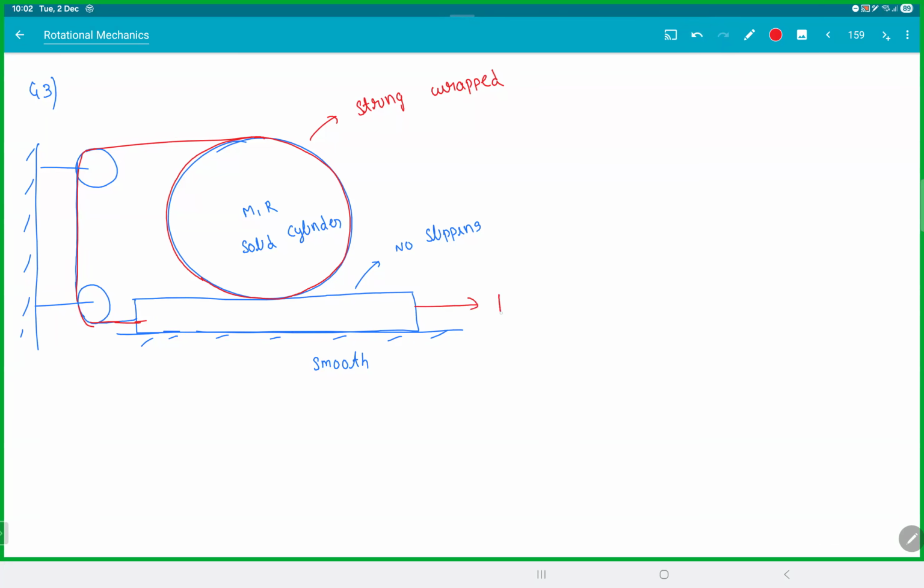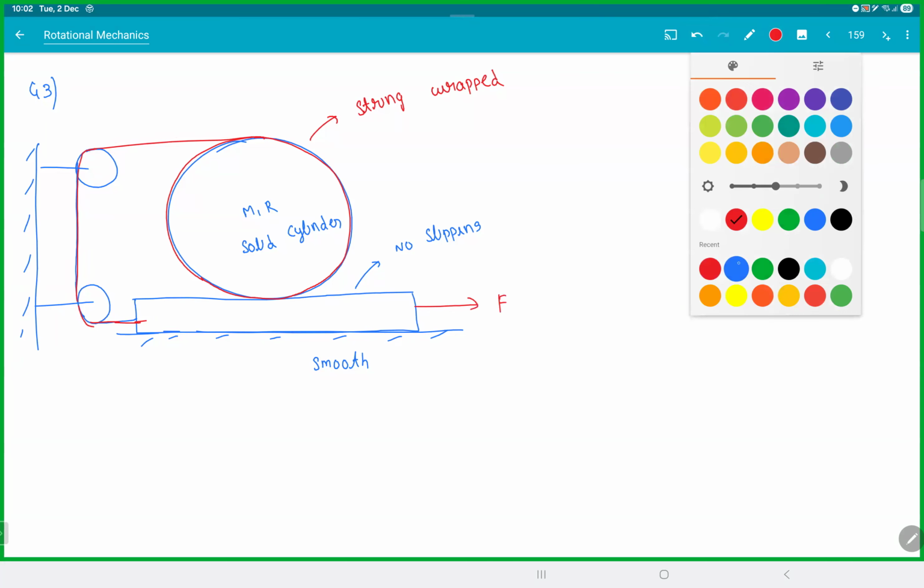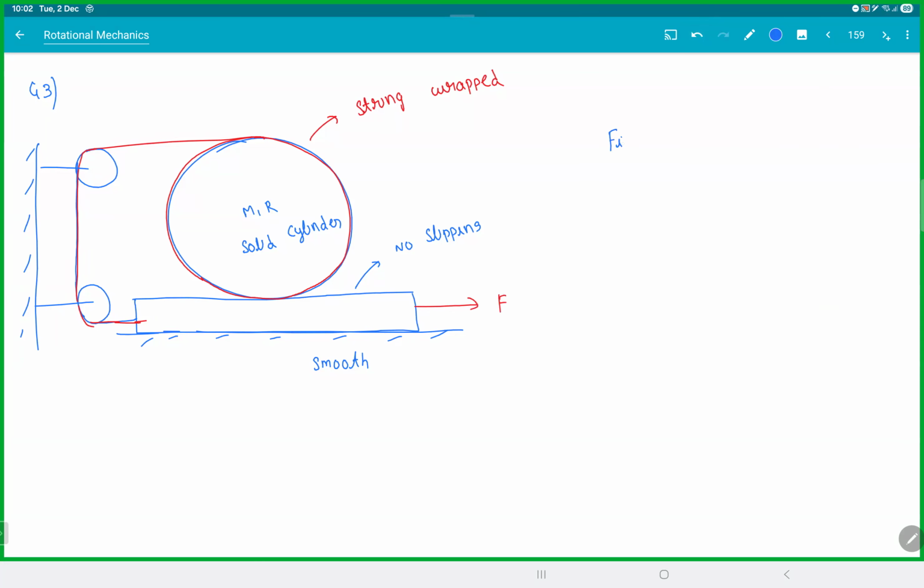And now you're applying force F here. Find the acceleration of the plank, acceleration of the cylinder, and alpha of the cylinder. That would be the first question.